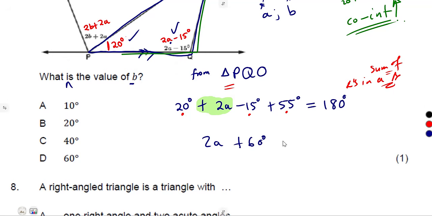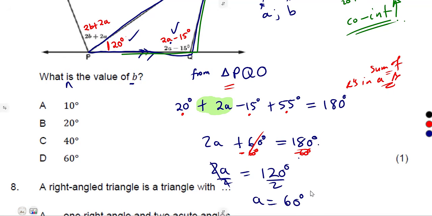So that's 60 degrees plus 2A, which is equal to 180. So to find the value of A, just subtract the 60. That was going to give us 180 minus 60, which is 120. So divide by 2 on both sides. That was going to be 60 degrees, which is the value of A.